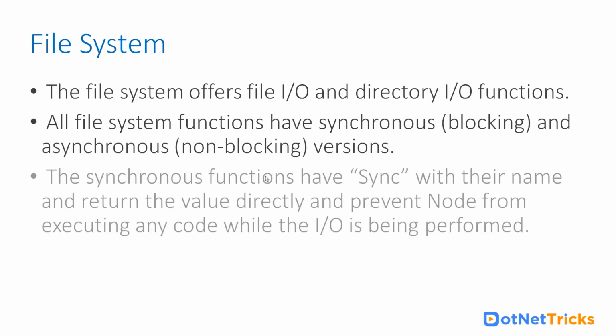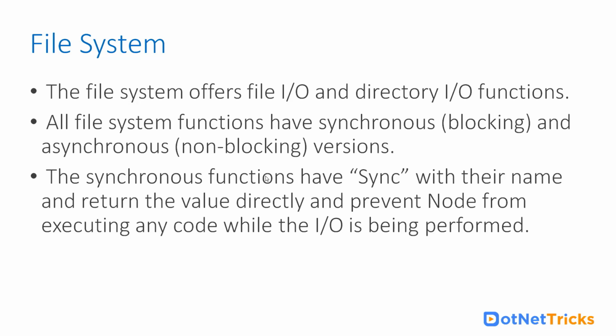Whenever we are using file system APIs, they expose two types of methods. One is synchronous methods and another one is asynchronous methods. The synchronous functions have sync in their name, they return value directly, and they block the IO for the time being.